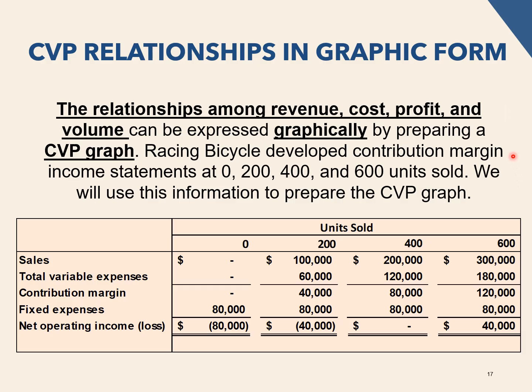Racing Bicycle develops contribution margin income statements at 0, 200, 400, and 600 units sold. We will use this information to prepare the CVP graph. This is the contribution format income statement at different units sold for this company.